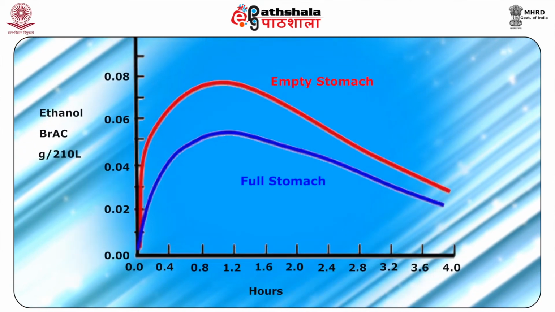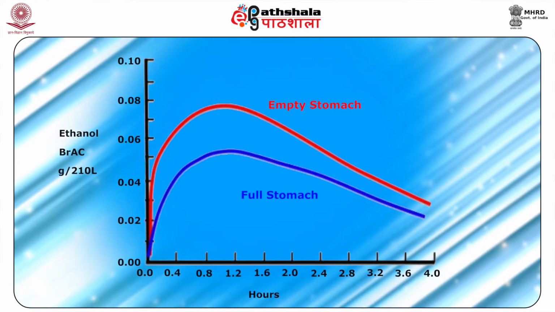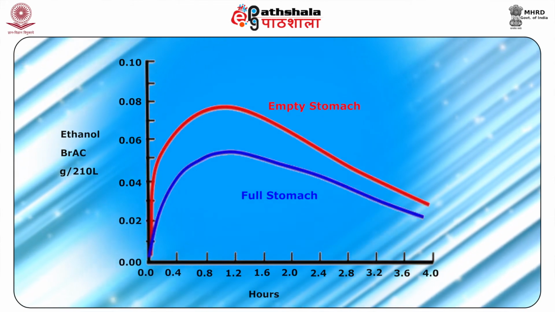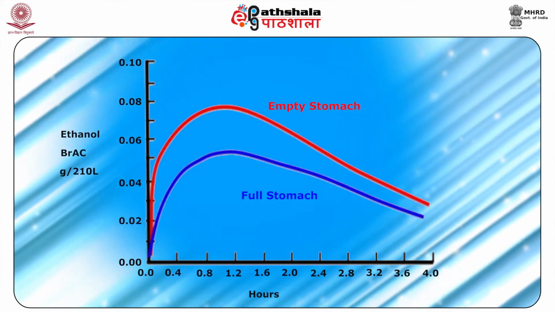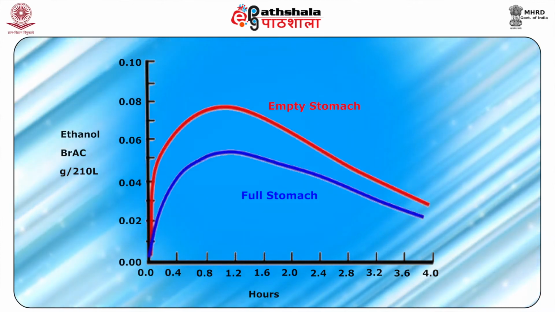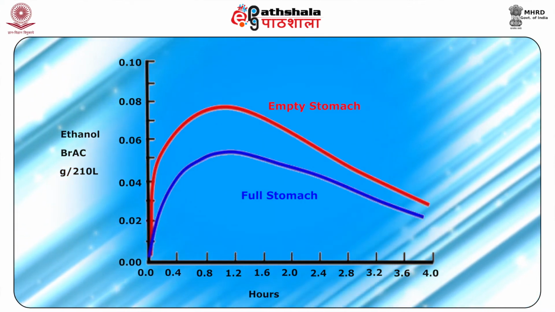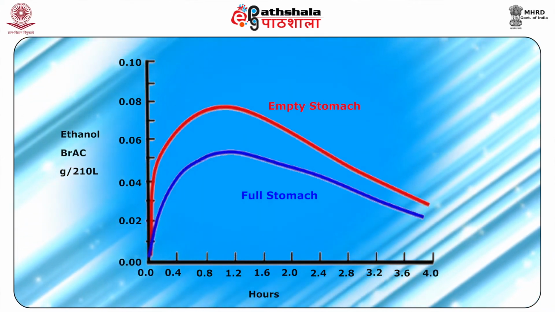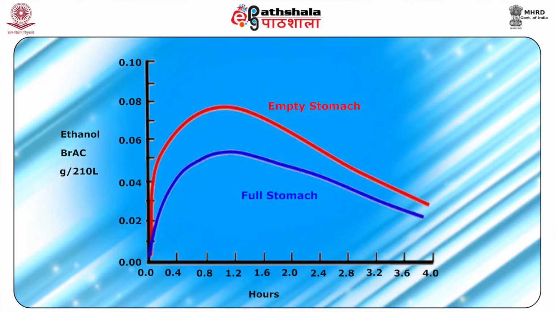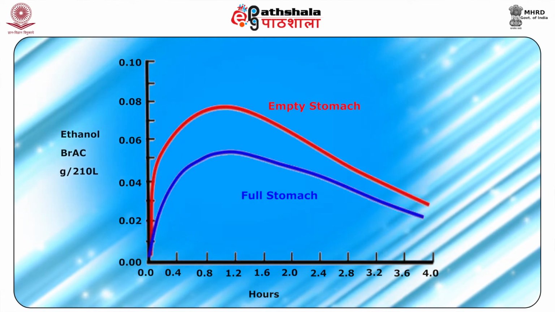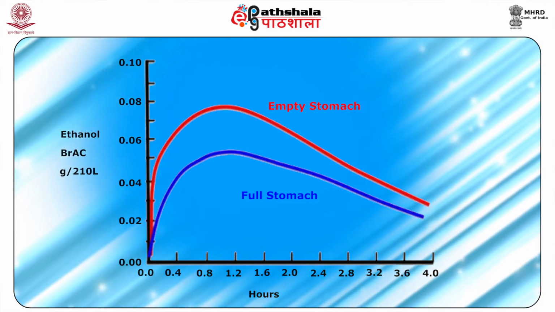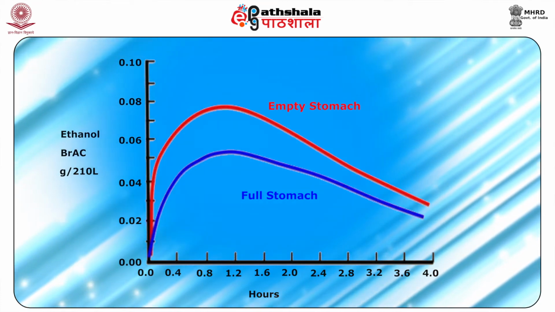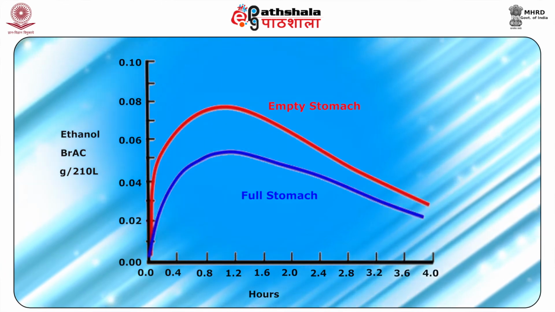The rate of alcohol absorption not only depends on the presence of food but also on the type of food. Foods with higher fat content require more time to leave the stomach. Consequently, taking fatty foods allows absorption of alcohol to be completed over a longer period of time.